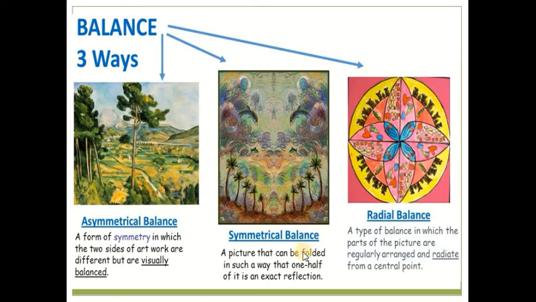And the other one naman is what we call symmetrical balance. So, ano ito? Kabaliktaran naman ito ng asymmetric balance. So, in terms of symmetrical balance, a picture can be folded in such way that one half of it is an exact reflection. So, nagkakaroon tayo ng tinatawag na mirror effect. Alright? And also, in terms of our radial balance, this is a type of balance in which the parts of the pictures are regularly arranged and radiate from a central point.